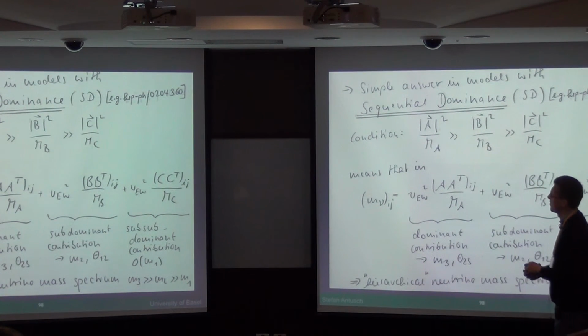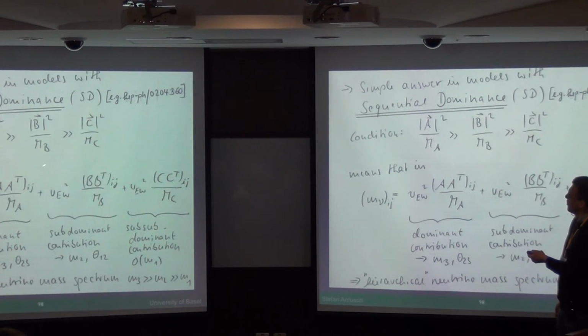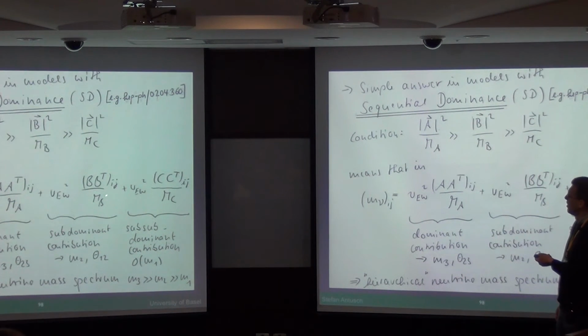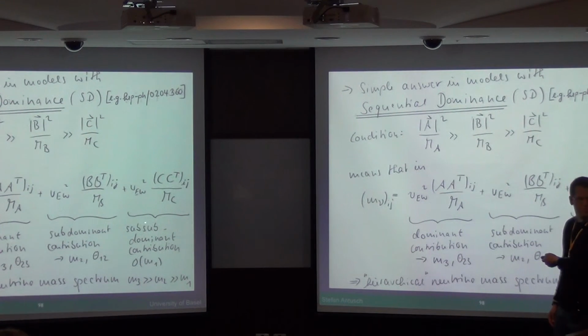And if we have situations where the Yukawa matrices are kind of hierarchical, and also the masses of the right-handed neutrinos have some kind of hierarchical values, then it's quite likely that we will also have some kind of hierarchy between these different contributions. So one is the biggest one, the next is somewhat smaller, and then the third one is much smaller.